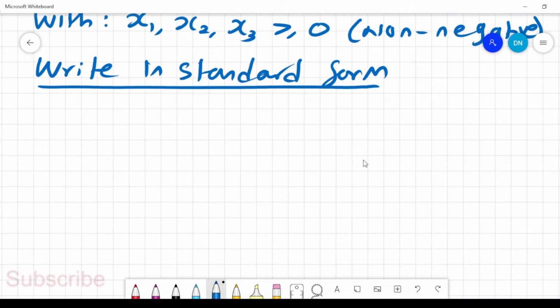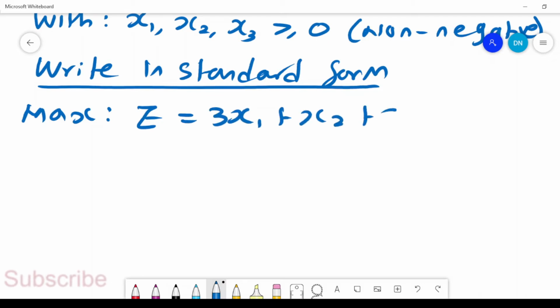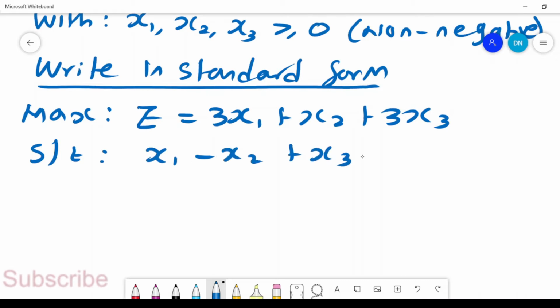So we want to write our linear programming problem in standard form. And so we are going to maximize z is equal to 3x1 plus x2 plus 3x3, subject to x1 minus x2 plus x3 plus s1 is equal to 5. And what we have introduced here is what we'll call the slack variable.